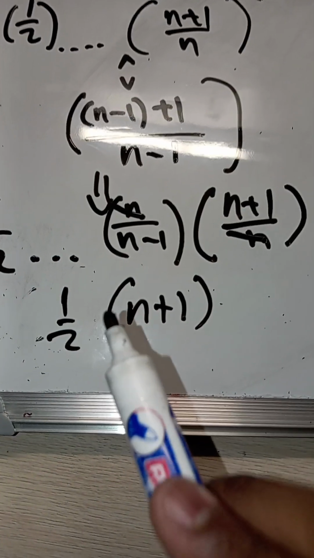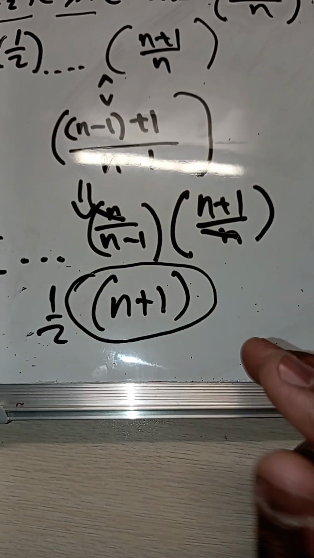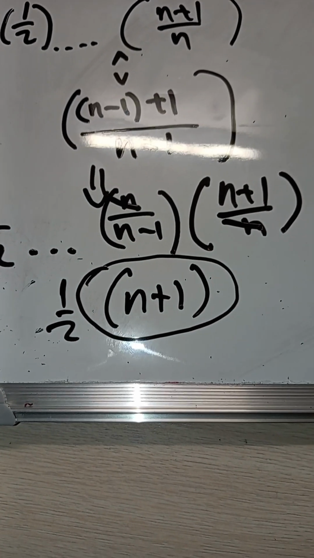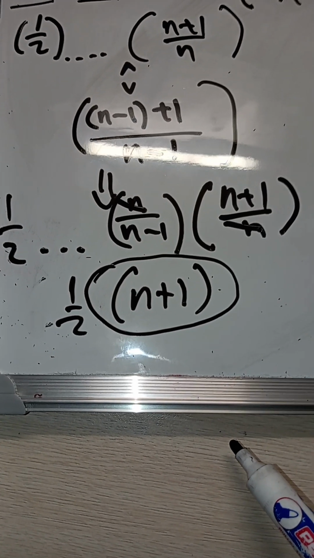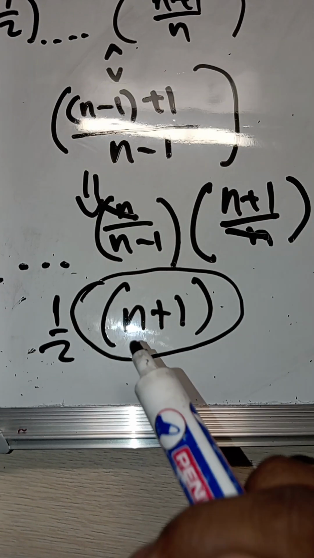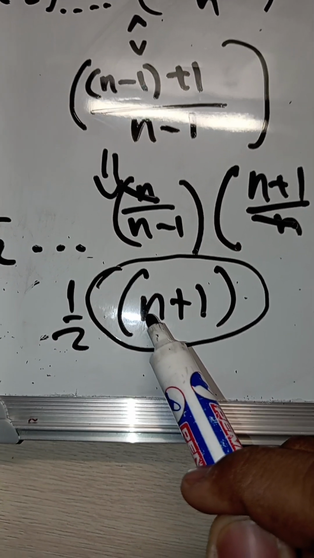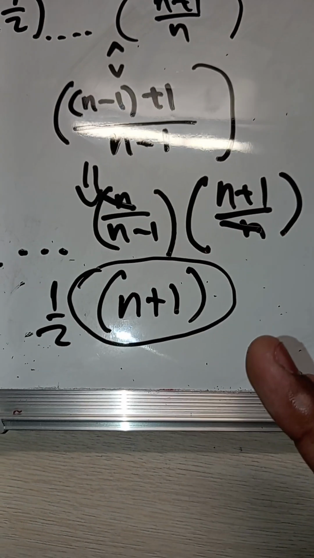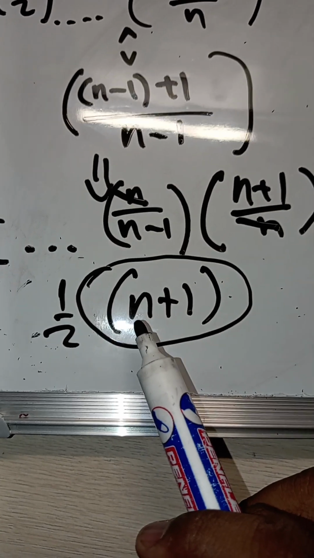The main thing that you have to know is that n plus 1 must be an even number. Do you get what I'm trying to say? Whenever I plug a number here, the result that I have to get has to be an even number. If I plug in 3, I'll have what?